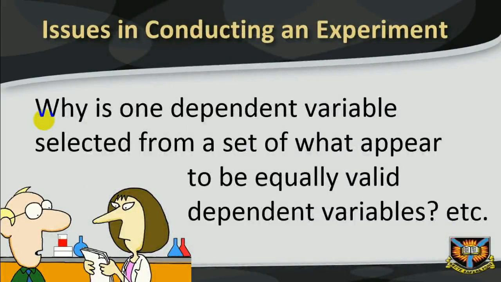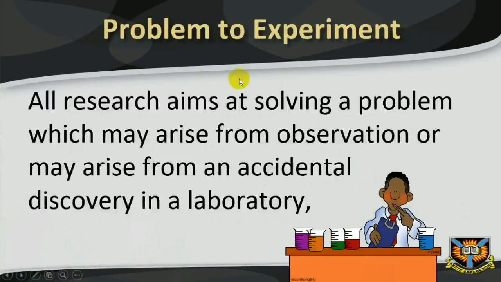How does an experimenter know how many items to use in a memory experiment? How long should an experiment take? Why is one dependent variable selected from a set of what appears to be equally valid dependent variables? The next sub-session will answer the questions, from problem to experiment.